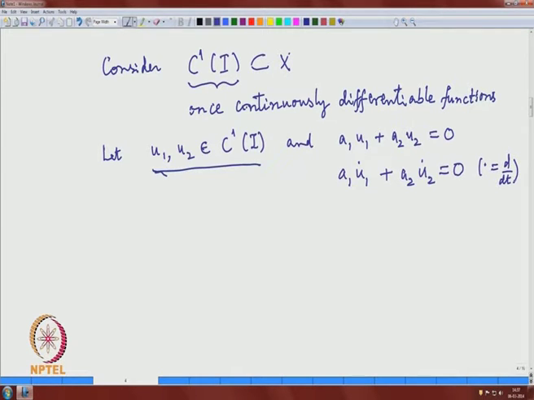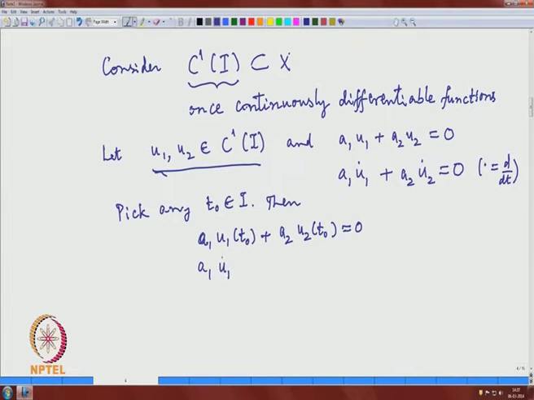Okay. Now, you fix one t0, pick any t0 in I, then we have a1 U1(t0) plus a2 U2(t0) equal to 0, and a1 U1 dot (t0) plus a2 U2 dot (t0) equal to 0.